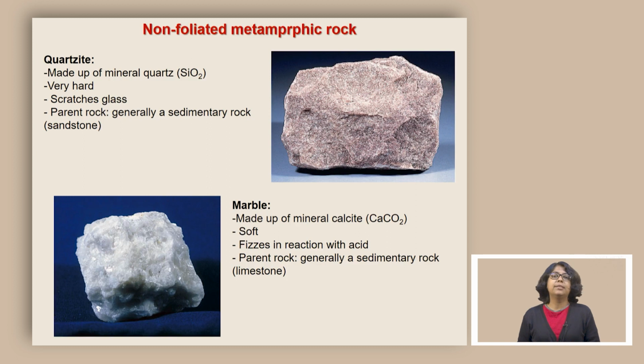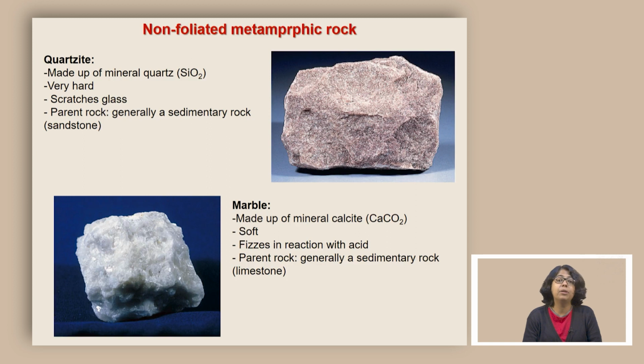Quartzites are rocks which are primarily composed of quartz. It is very hard, it even scratches glass, showing that it has a very hard composition. The parent rock could generally be a sedimentary rock, a sandstone. Looking at this one, it is quite clear that there is no preferred orientation plane, and that is why we are calling it a non-foliated metamorphic rock.